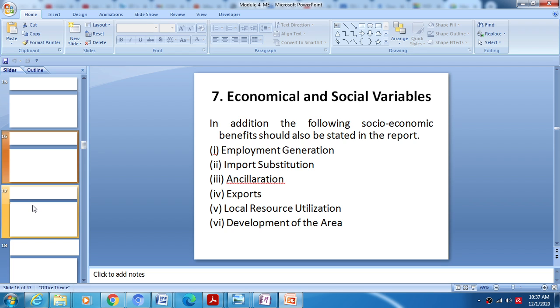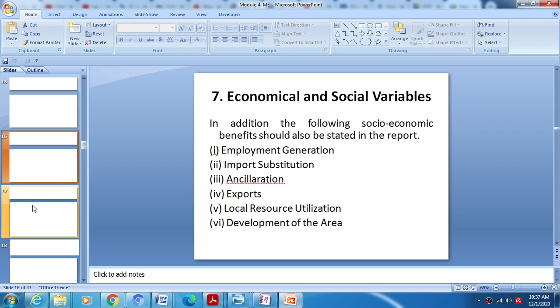But apart from that, what are the benefits that you can give to the economy of the country as well as to the society in which you are trying to establish yourself? Right? The first one is employment generation. Whenever there is a new project that is to kickstart, there will be the generation of employment.